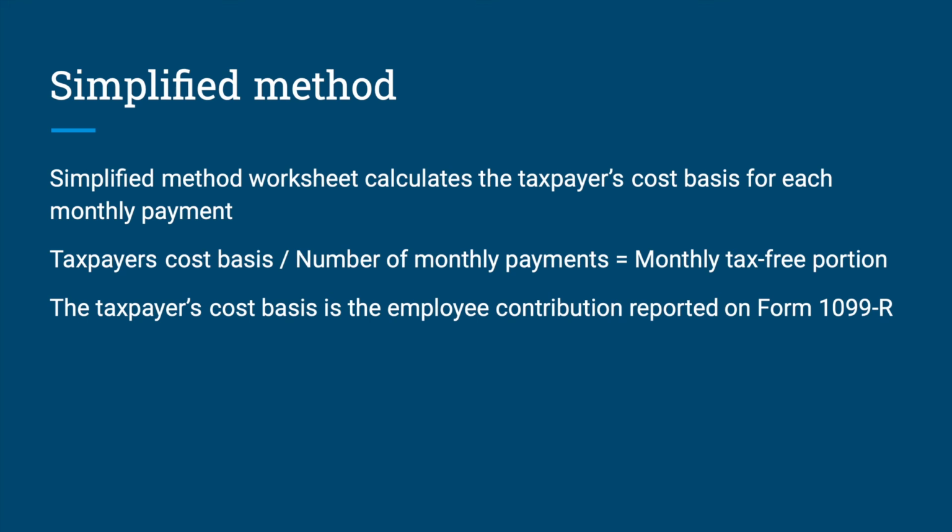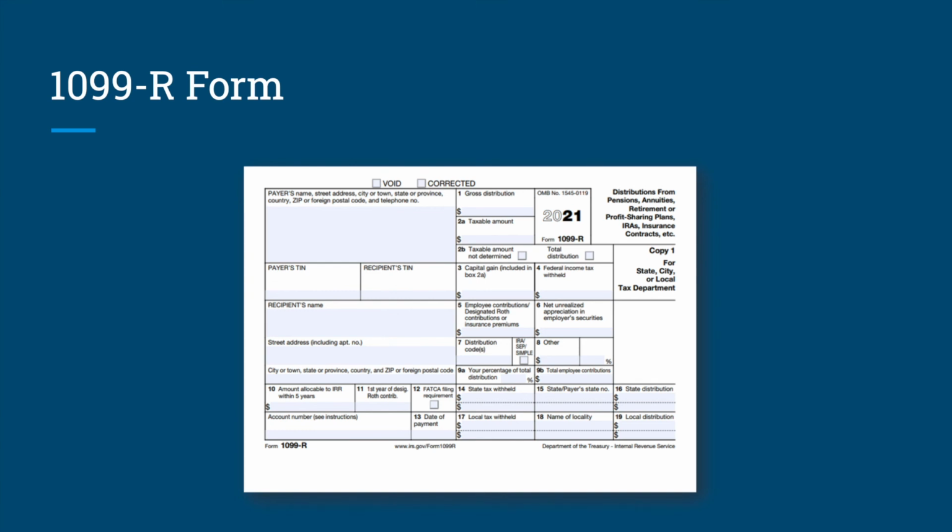And the taxpayer's cost basis is the employee contribution that is reported on Form 1099-R. So you can basically think of the simplified method as taking that cost basis, dividing it by the number of monthly payments to get the monthly amount that should be free from tax. And then it takes the total amount, subtracts that tax-free portion, and that gives us the amount subject to tax.